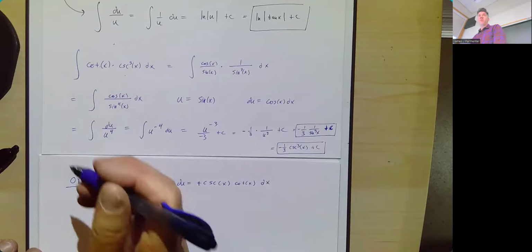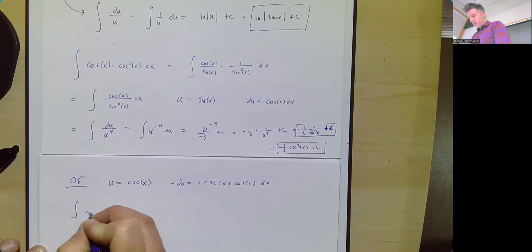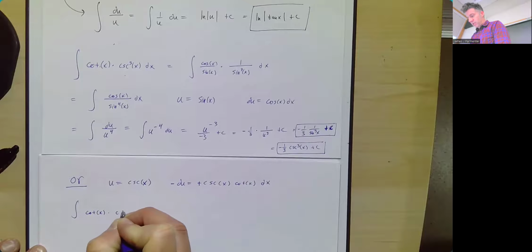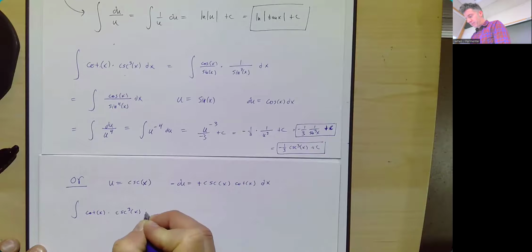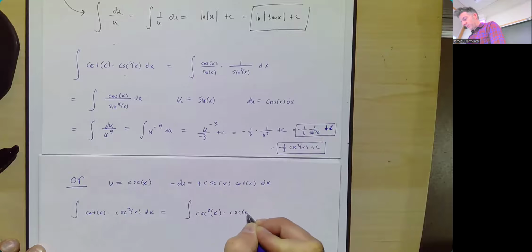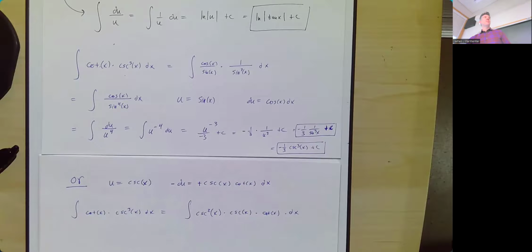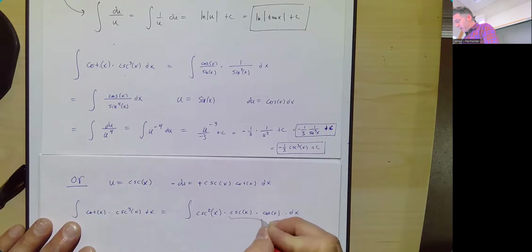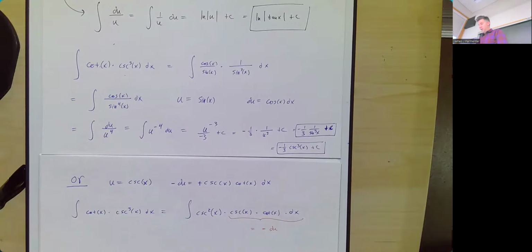And then I'm going to rewrite my integral. I'm going to rewrite cotangent of x times cosecant cubed of x as the integral of cosecant squared times cosecant times cotangent times dx, so that I can see the piece that's equal to the du. So this part right here is equal to negative du, and the cosecant squared is equal to u squared.